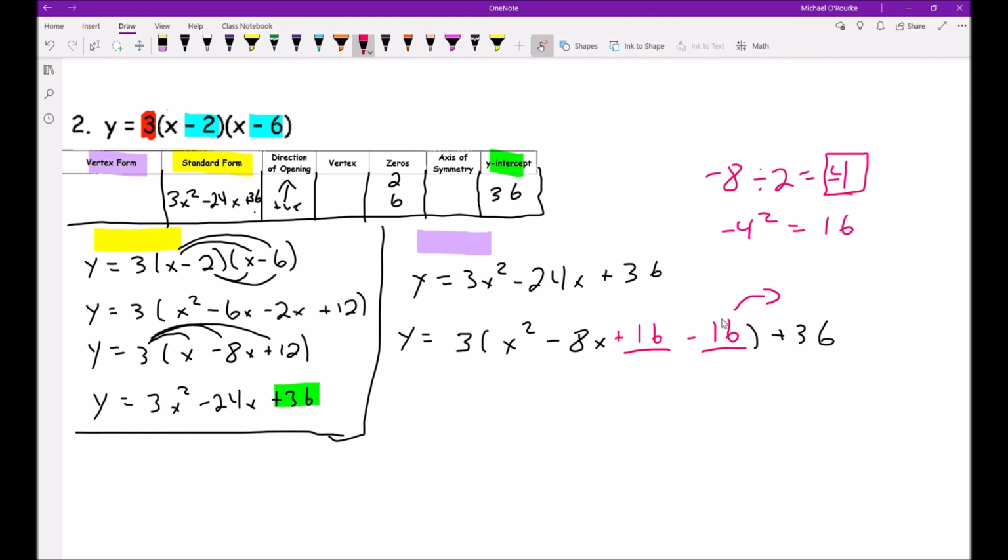So I gotta take this guy out. What happens to the 16 when I kick the negative 16 out? Because no one likes a negative Nancy. Or I guess a negative Nick as well. Okay, multiply by 3. Good. Minus, that's 48, right?